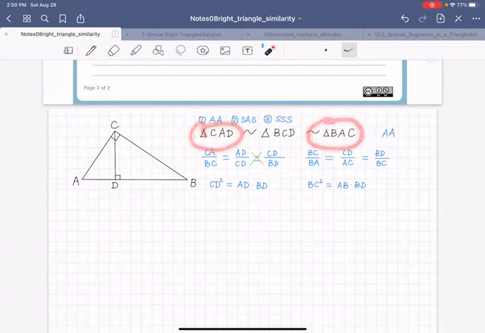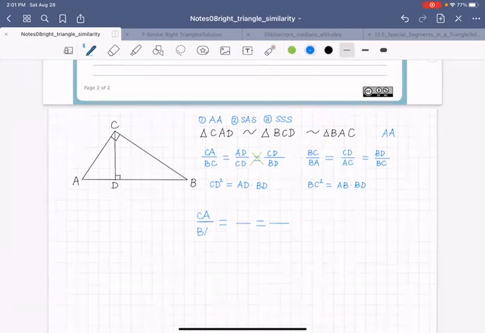CA over BA equals AD over AC equals CD over BC.